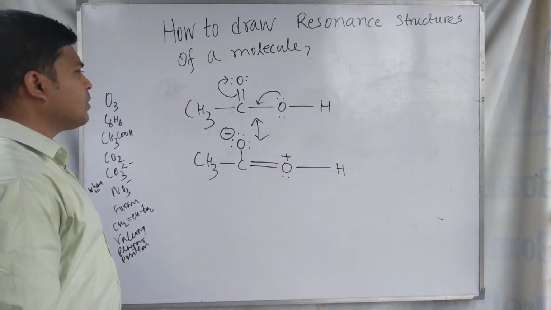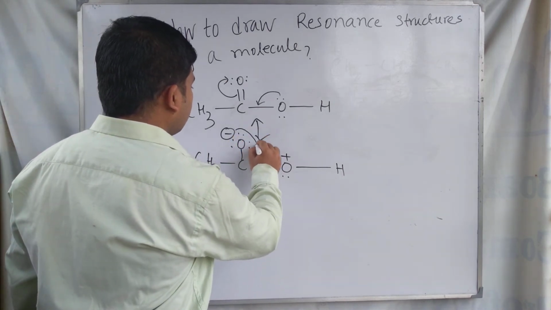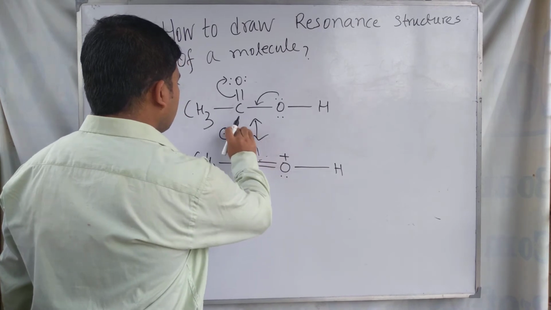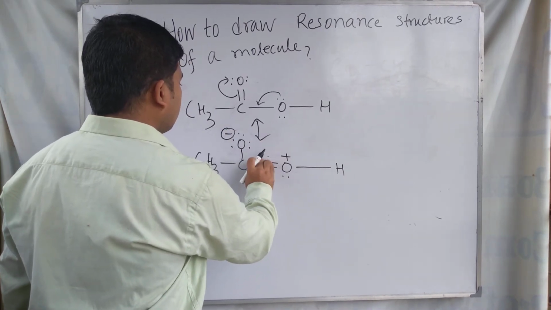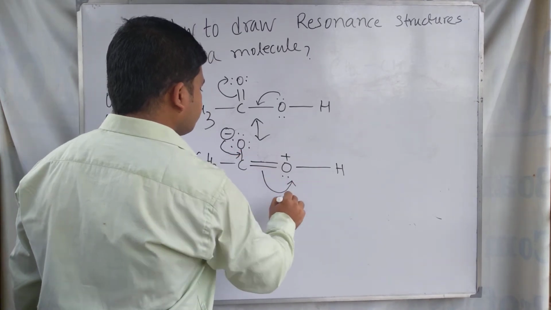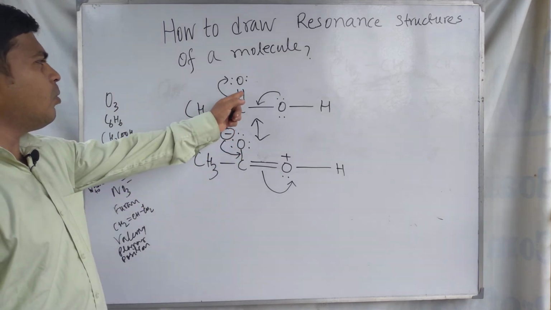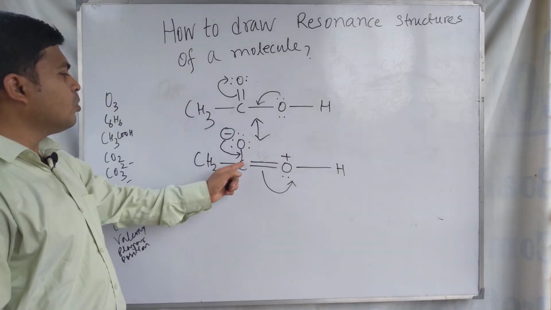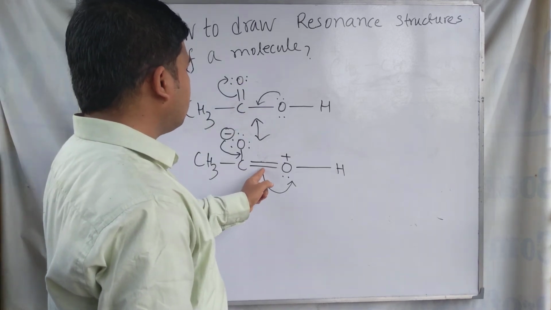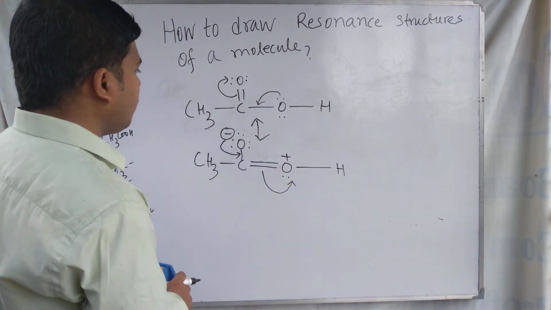This is the resonance structure of acetic acid molecule, and you can return back to the acetic acid molecule like this. Okay, this negative charge again forms a double bond between these two atoms, carbon and oxygen atom, and this double bond is again breaking and releasing the electron pair to oxygen.